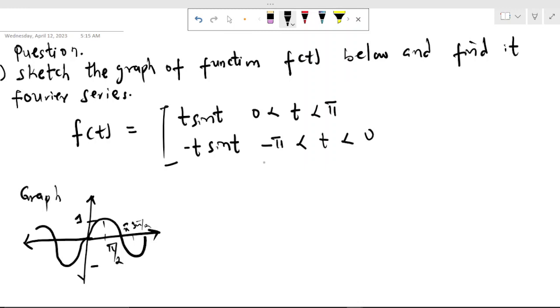And here we have minus 1, here we have minus pi over 2, we have minus pi, and it goes on the same way.